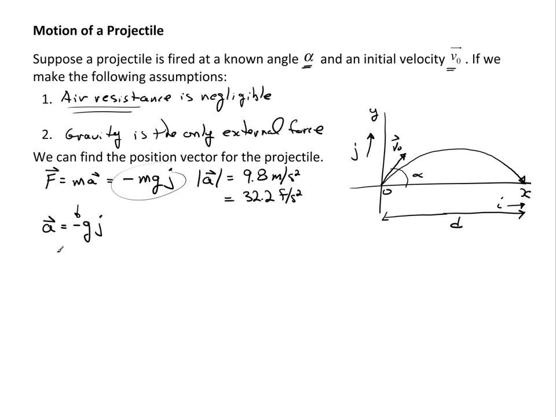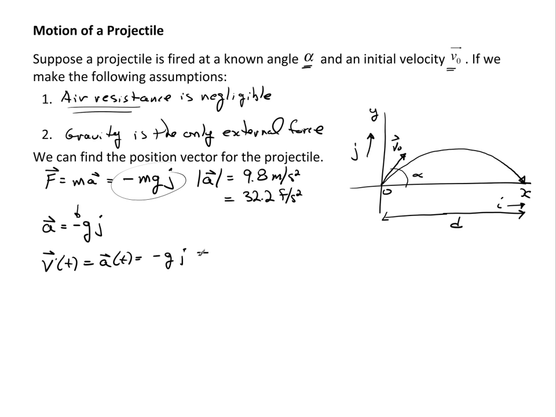So the first derivative of my velocity vector equals my acceleration vector, which in this case is negative g j.